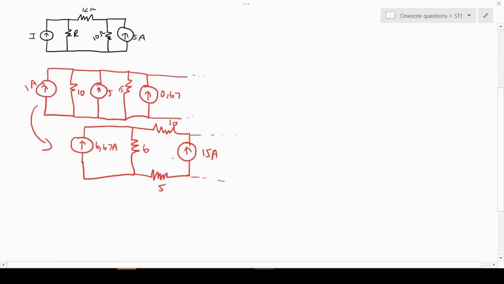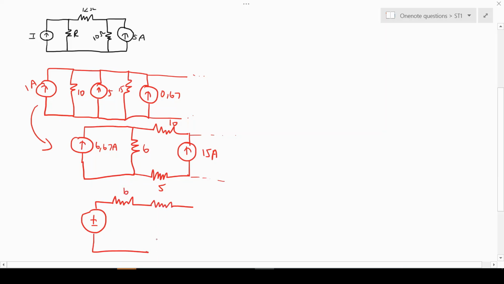Now, to further simplify this, we'll then have to convert this current source in parallel with the resistor to a voltage source in series with the resistor, so that we can add all the series resistances together and then take it back to a current source in parallel with the resistor. So I convert this to a voltage source in series with the resistor. That's the series resistance.